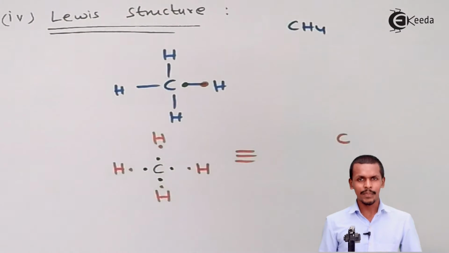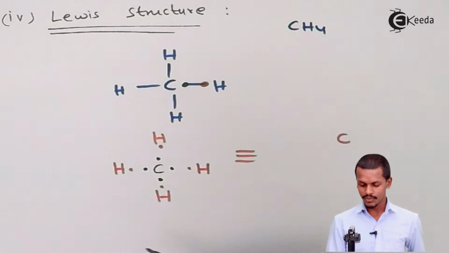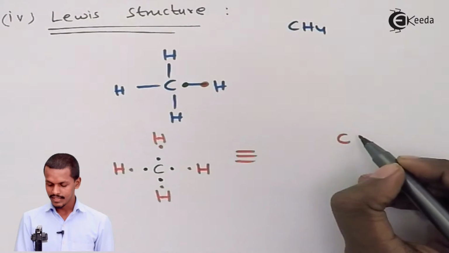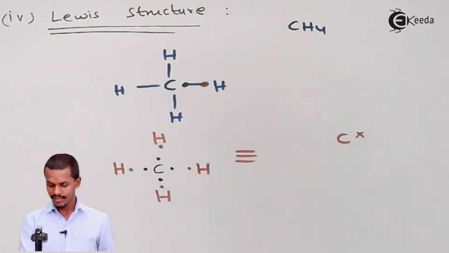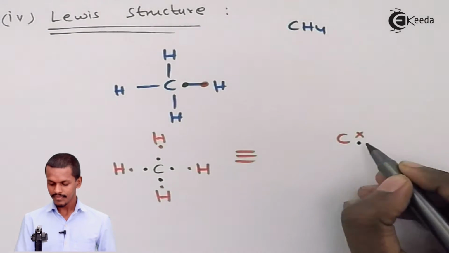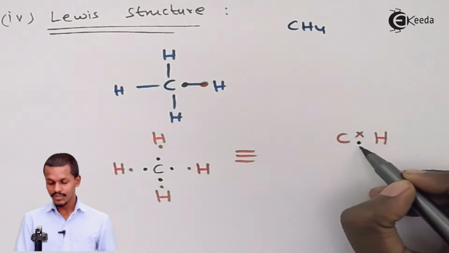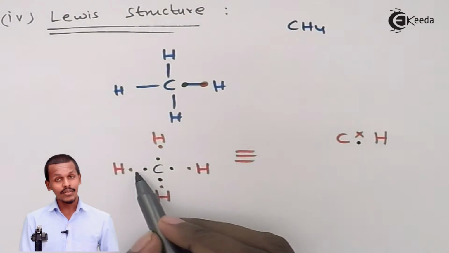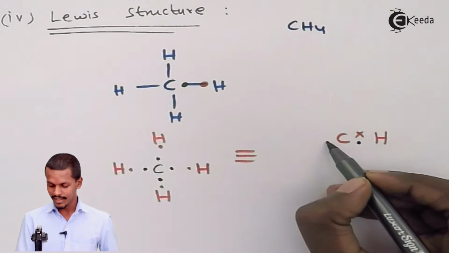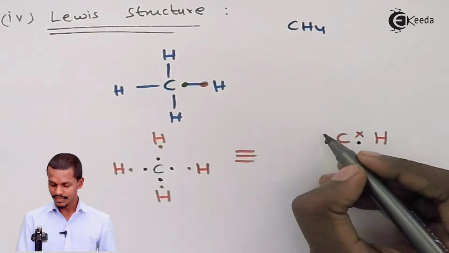It is very simple to write the structure. I could write it with a simple cross and a dot, and between this carbon and this hydrogen there are these two electrons, and here also I would represent it by a dot and cross.